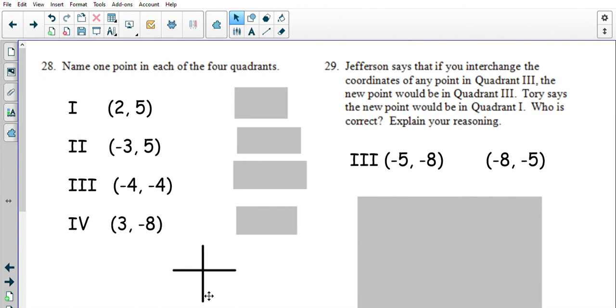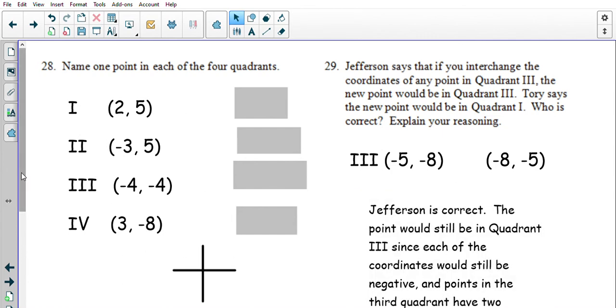We mentioned that before. And we interchange the coordinates, meaning we switch their position. So we rewrite it as -8, -5. When we do that, we still end up with both coordinates being negative, which means it will still be in quadrant 3. So what I said for my explanation here is that Jefferson is correct.